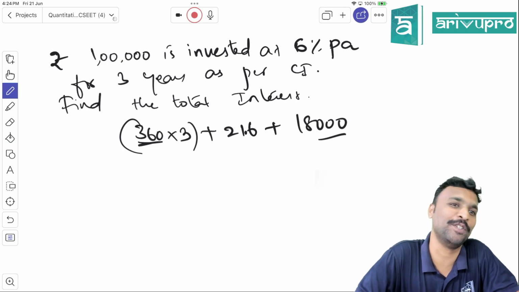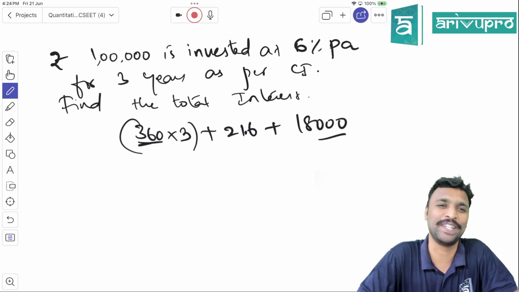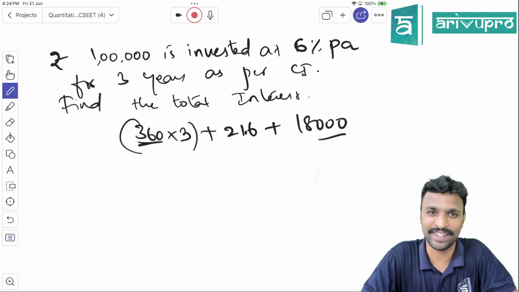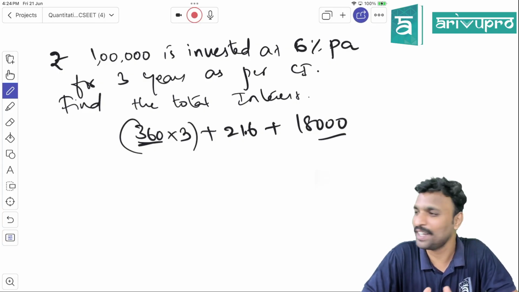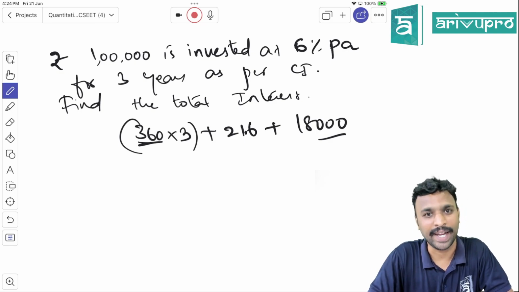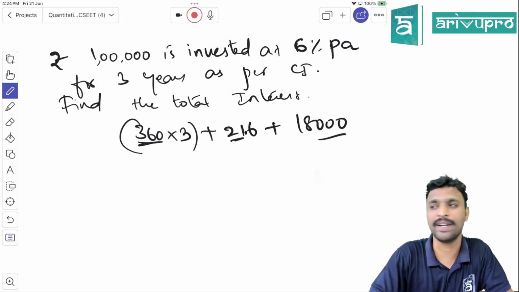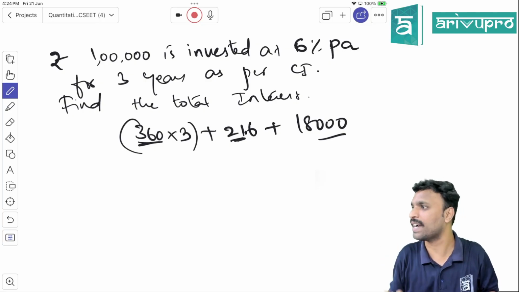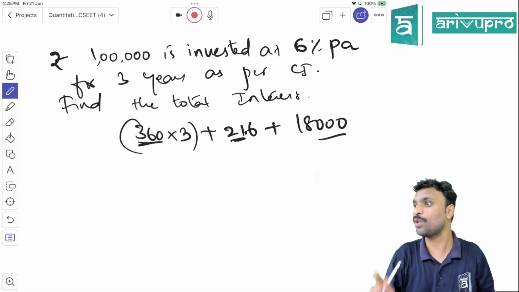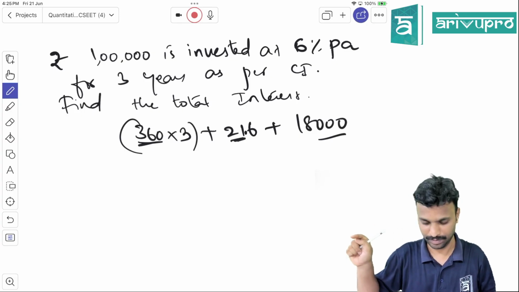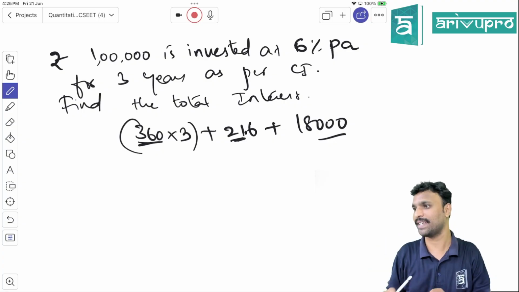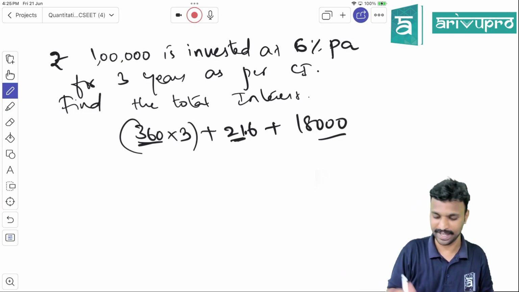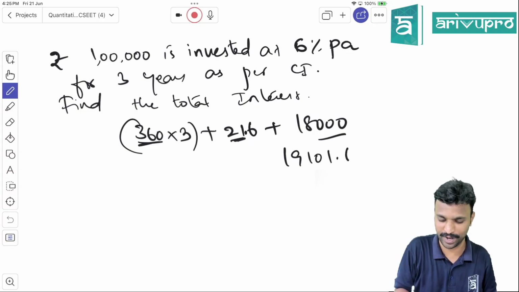It was 360 into 3. 300 into 3 is 900. 60 into 3 is 180. 900 plus 180 is 1080. 1080 plus 20 is 1100. This is all you have to do. Extra 1.6, so 1101.6. That means 19,101.6.